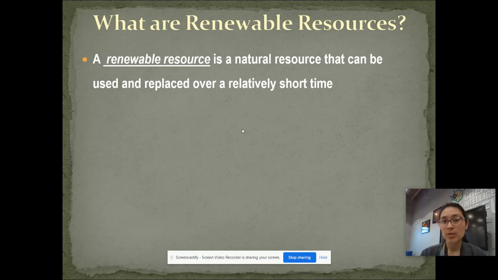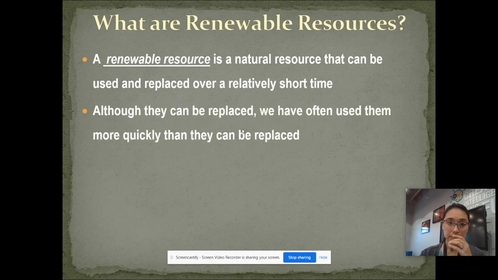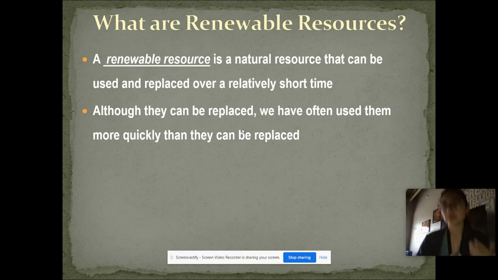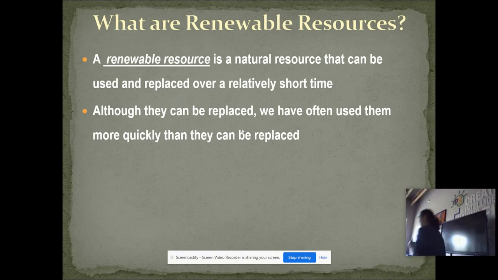So we can keep getting a good supply of that over a short period of time. Although it can be replaced, we often use them more quickly than they can be replaced. There are so many of us humans who need energy, and sometimes we use these faster than we can replace them.